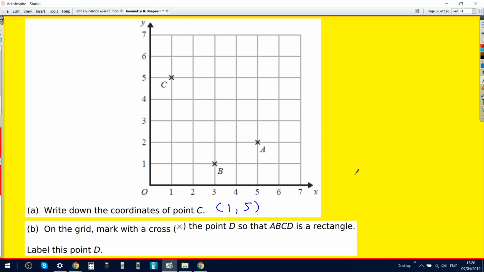So from 6, it'd be 3 along from 6. Do you mean go up to 6 and then go 3 across? Yeah, that's correct. So from B to A is 2 right, 1 up, is the same thing, 2 right, 1 up. You mark it with an X and you label it with a D. Right. Okay.